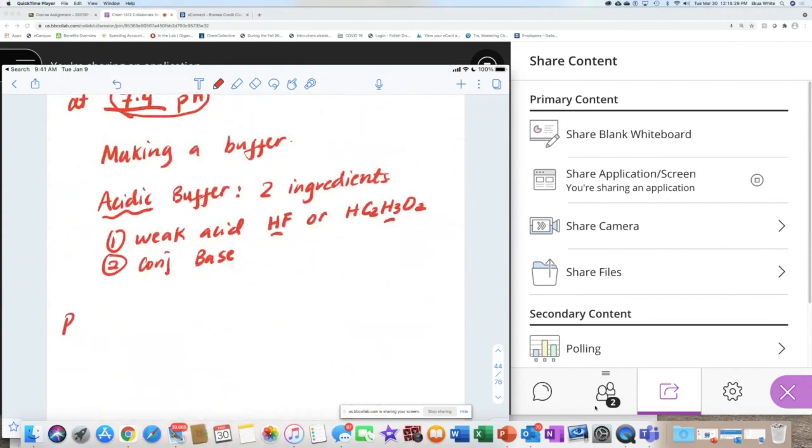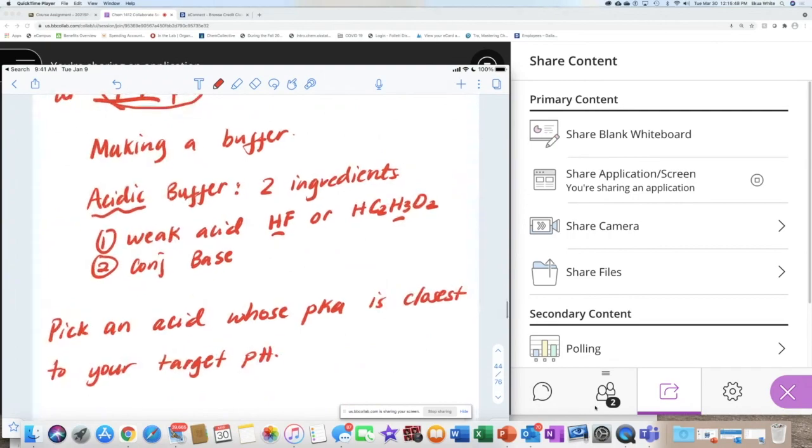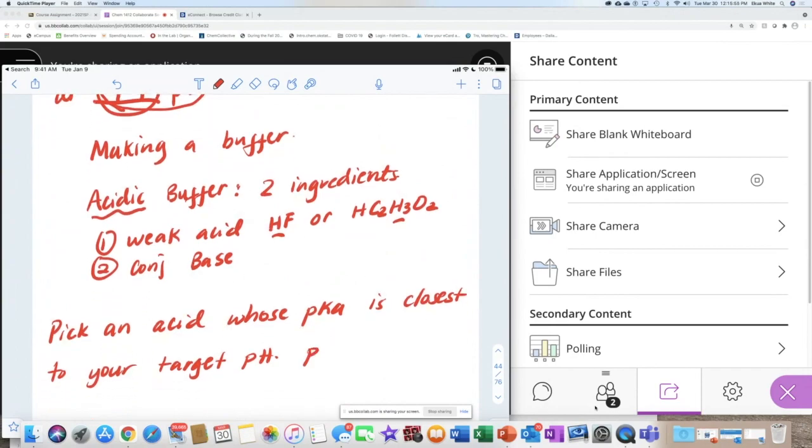Okay? So they're saying here, pick an acid whose pKa is closest to your target pH. Remember, my target pH was bodily pH, which is going to be pH equals 7.4.